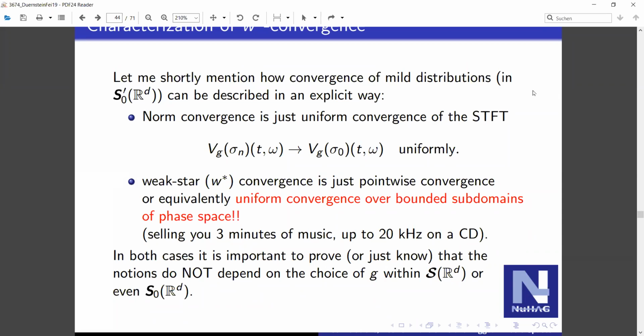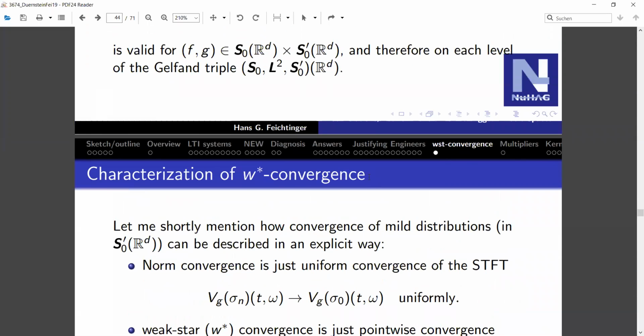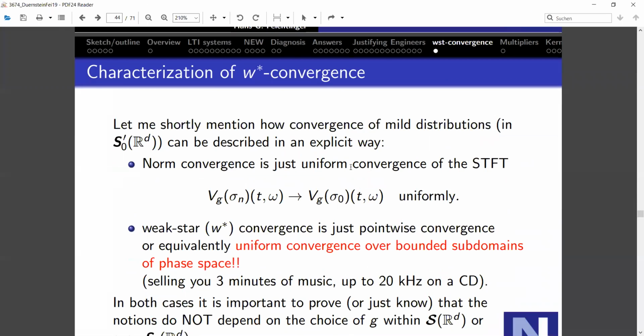So if you have a sequence sigma n, and I prefer to take a bounded sequence of functionals, so a bounded sequence of mild distributions is weak star convergent means whenever you apply it to a test function f, you observe it's going to sigma 0 of f.